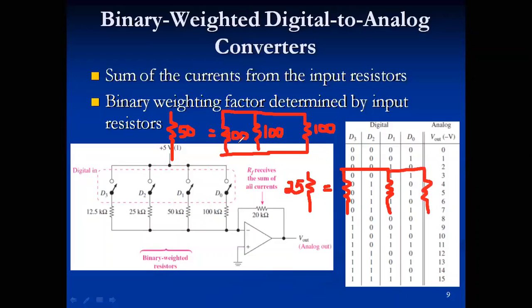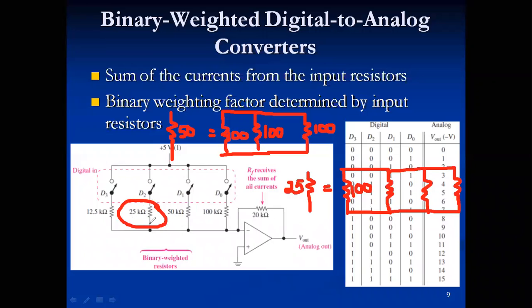If you have the same value of resistance in parallel branches, you just divide that value by the number of branches that you have. So here I'm going to divide 100 by 4 branches. Each branch is 100. So this 25 is the same as 400 ohm branches in parallel.